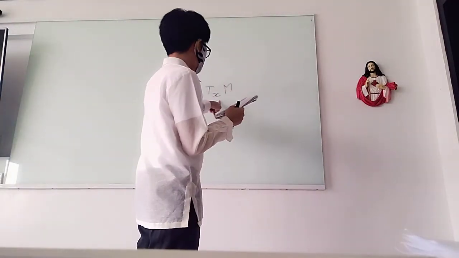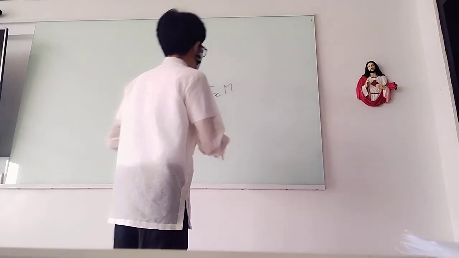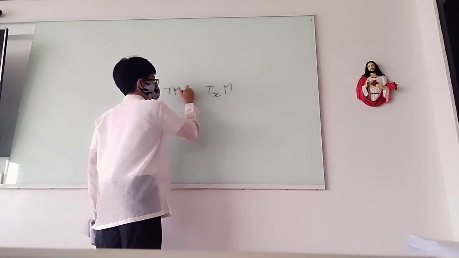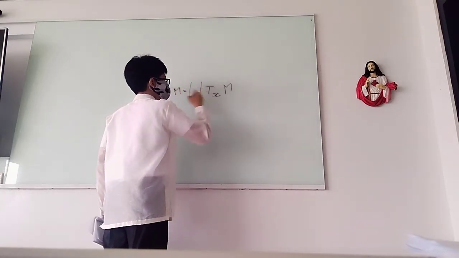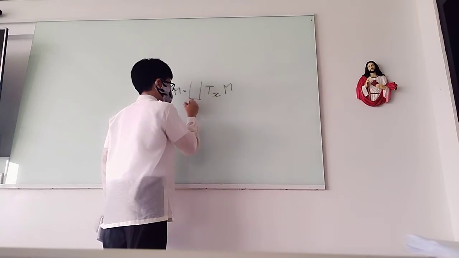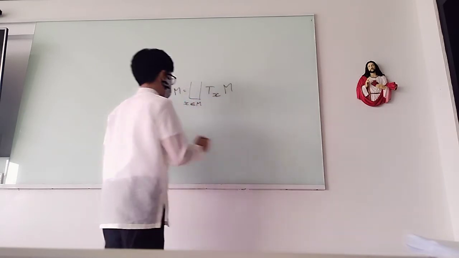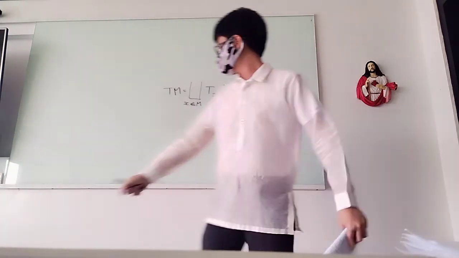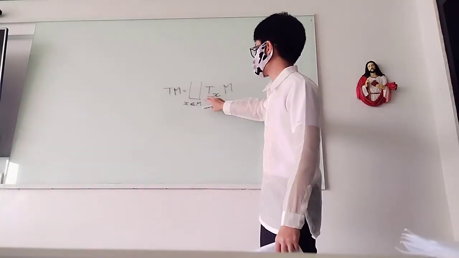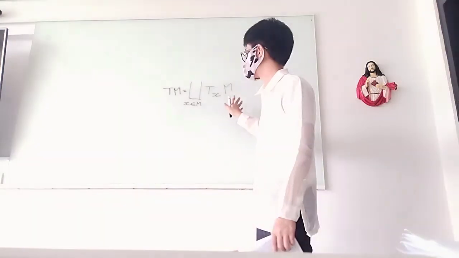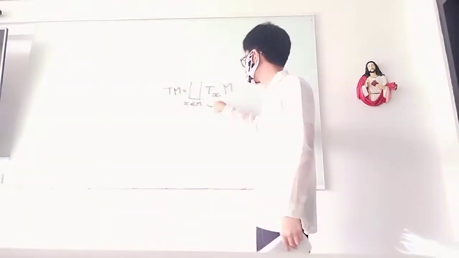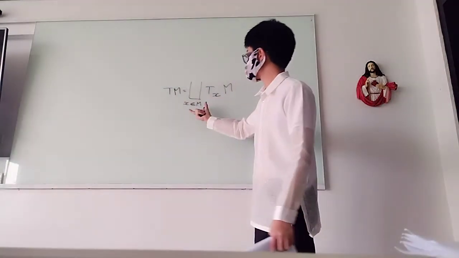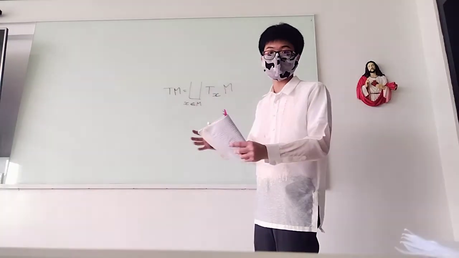Okay, so given this, the tangent bundle of M, which is just TM, is equal to the disjoint union of the tangent spaces of M, over X in M. This basically means we join together every possible tangent space in M at all points, and we just put them together without intersecting them.